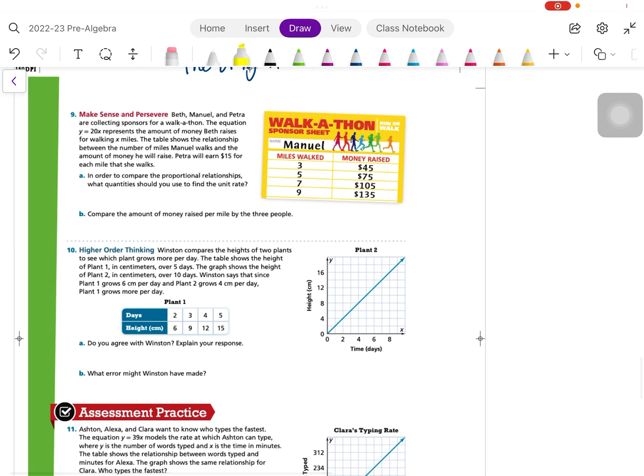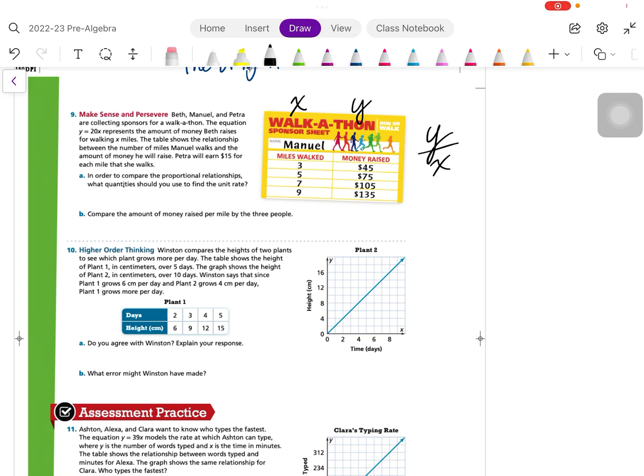So part A says, in order to compare the proportional relationships, what quantities should you use to find the unit rate? Okay, so remember, just looking at the table, we talked about the fact that in a table of values, x is always on the left and y is always on the right. And we always want to do the y divided by the x.